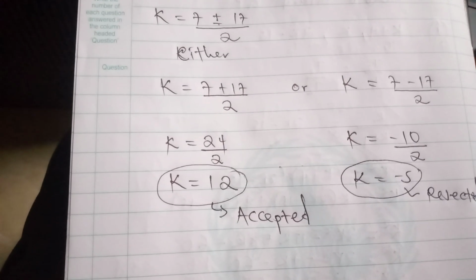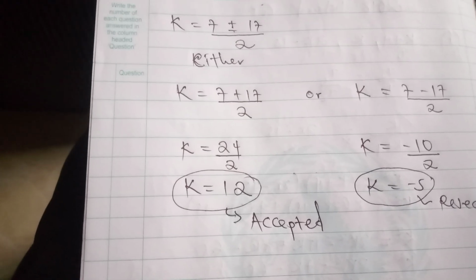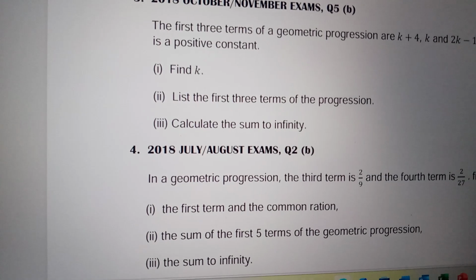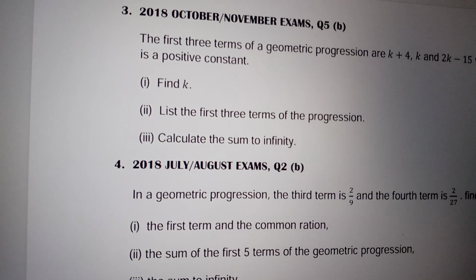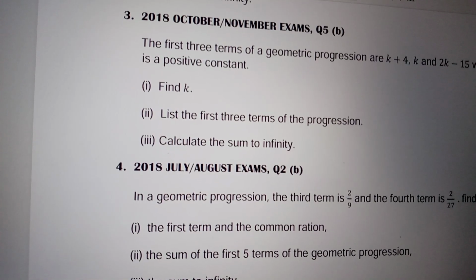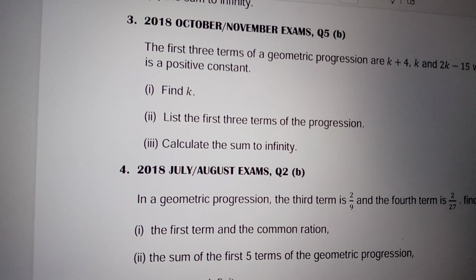Yeah, so we move on to the next one. You have found the value of k. So the next question, they are saying list the first three terms of the progression. So you are going to rewrite that, k plus 4, k, 2k minus 15.